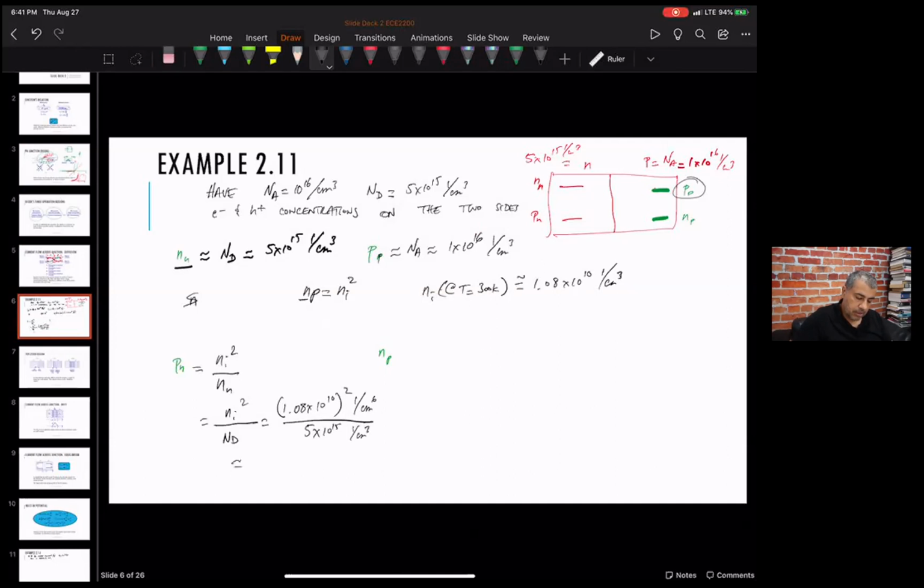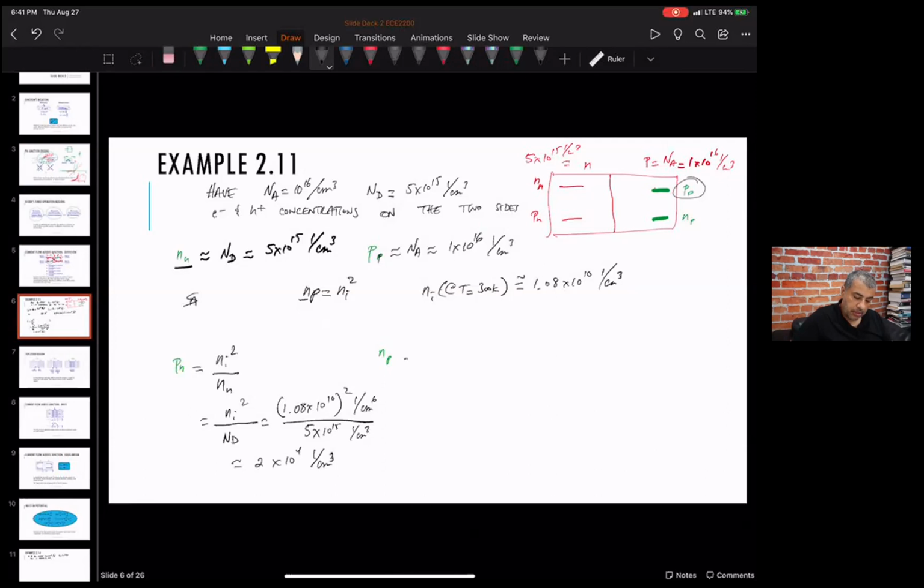Which is, I don't know, let me see what the book says. I think it's saying it's 2 times 10 to the 4th per centimeter cubed.